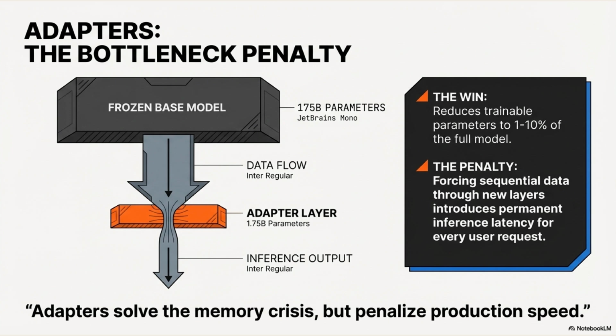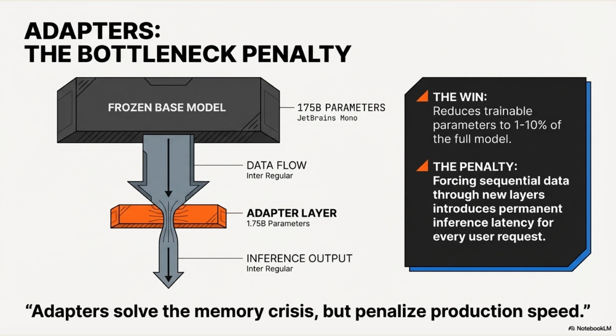The adapter sits in the middle of the data flow. Every time a user sends a prompt, the data must pass through that bottleneck adapter before producing an output. This adds measurable milliseconds to every response. At scale, across thousands of concurrent users, those milliseconds compound into a serious production performance problem.